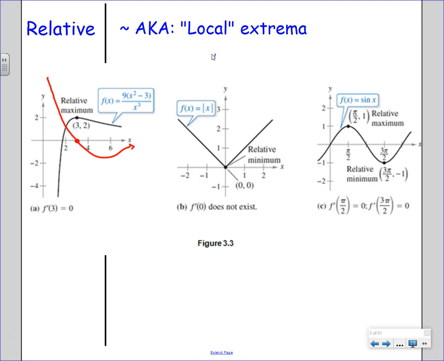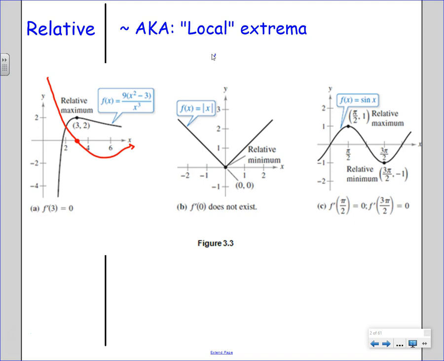How do I know this? The original function is concave down until here, and then it starts going concave up. So the derivative needs to decrease and then increase. It seems to be getting flatter.